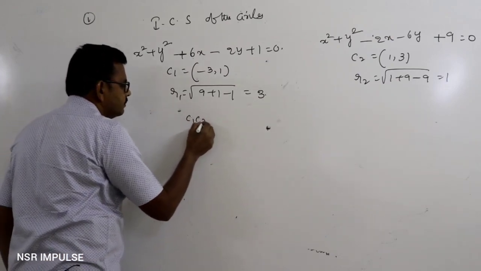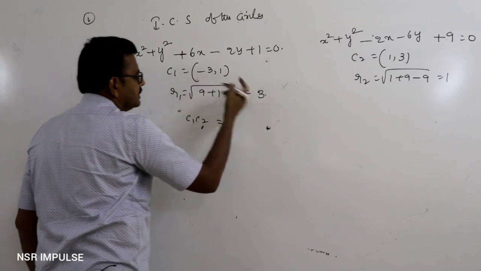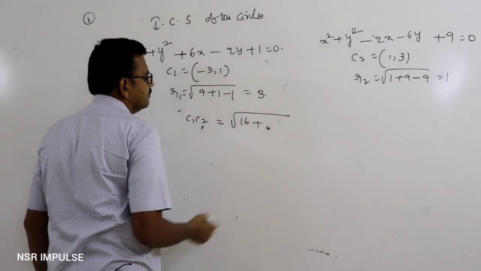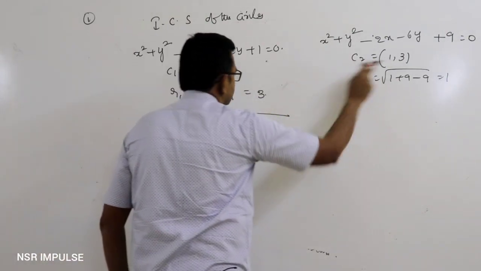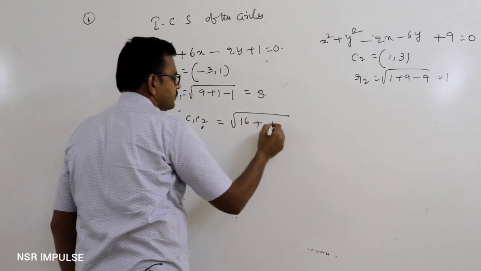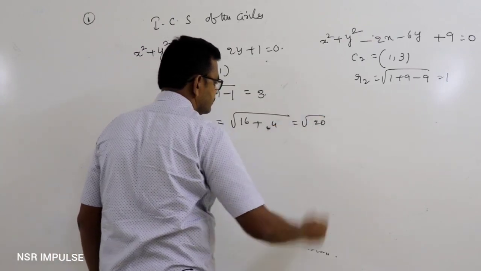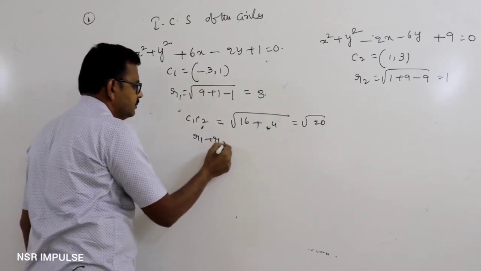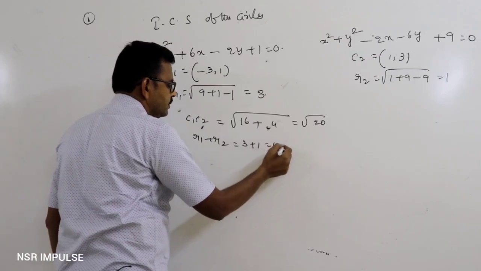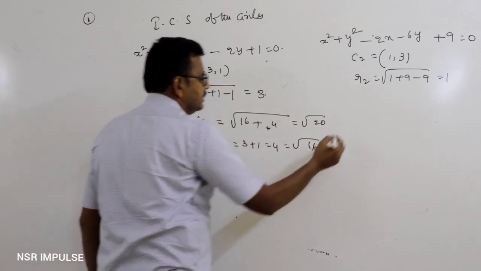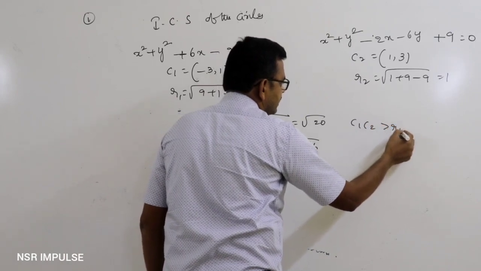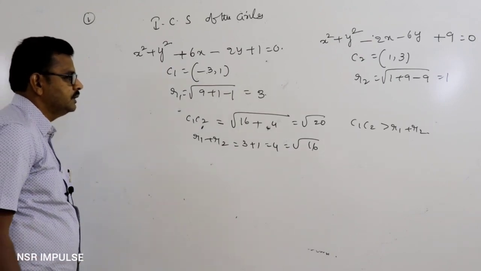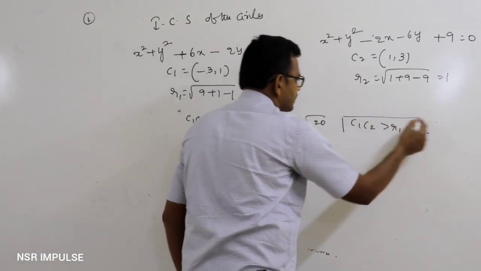Now C1C2 is the distance between their centers, that is root of (minus 3 minus 1) whole square plus (1 minus 3) whole square, 16 plus 4, that is root of 20. And R1 plus R2 is 3 plus 1, that is 4, which is root 16. So C1C2 is greater than R1 plus R2.